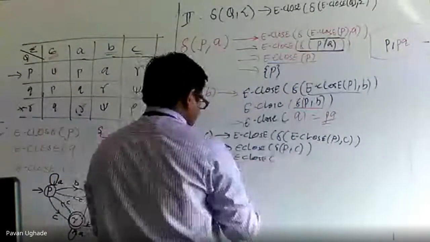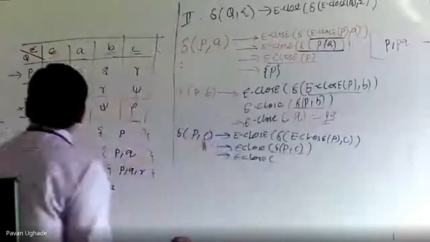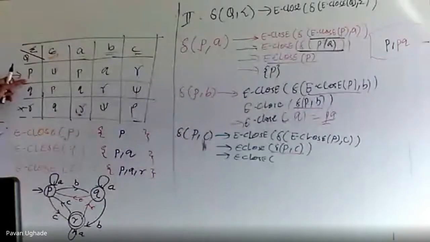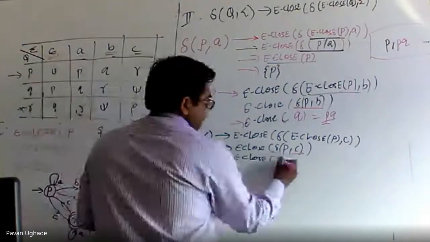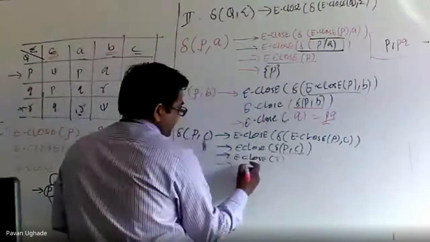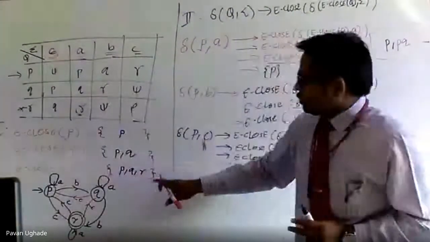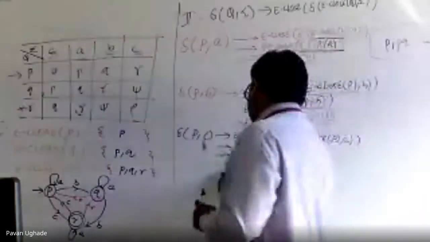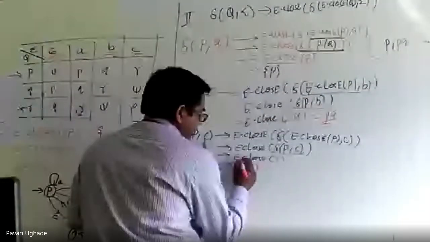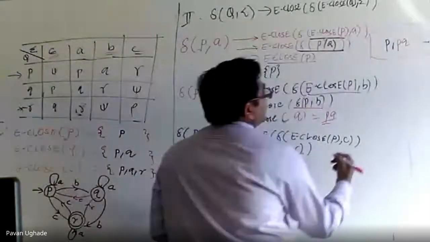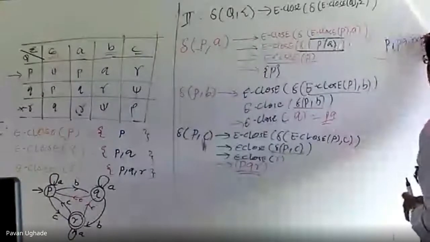Taking your transition table, P over C is R. Now epsilon closure of R is PQR. So simply write PQR. As it is a new state, simply add it out here.